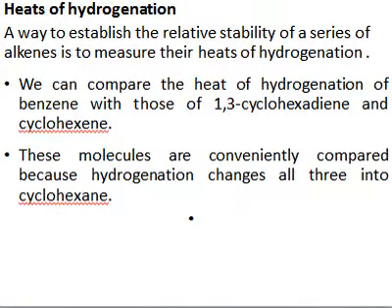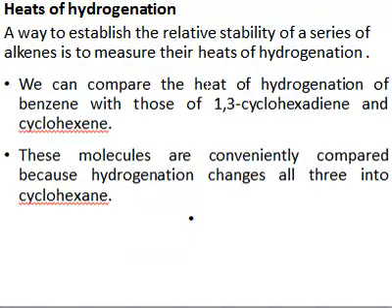Whenever we have to consider the stability of a system, the simplest way is to see the heat of hydrogenation, right? So we'll compare the heat of hydrogenation of benzene with that of 1,3-cyclohexadiene and cyclohexene. Here we are imagining that benzene is cyclohexatriene, right? So in these calculations of heat of hydrogenation, we will be assuming that the structure of benzene is the same as the structure of cyclohexatriene.